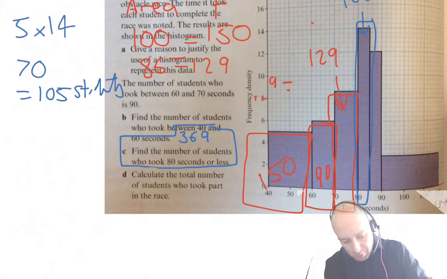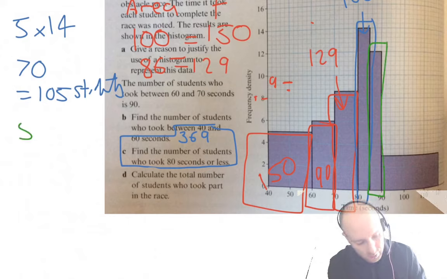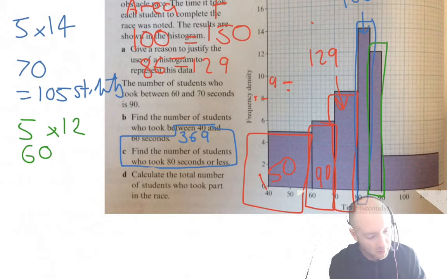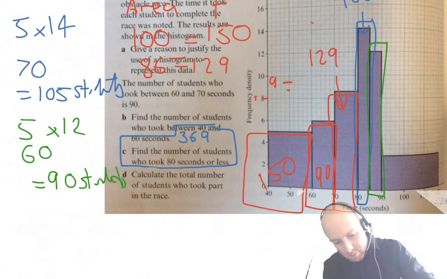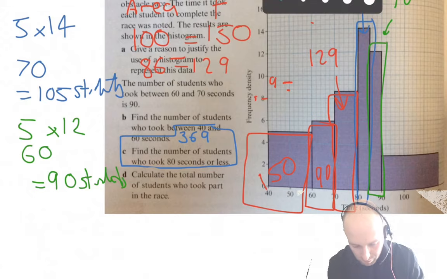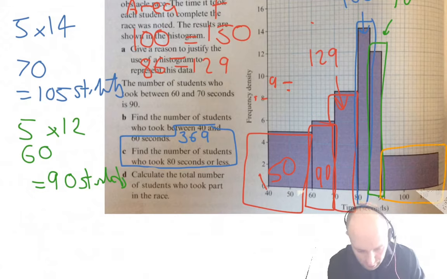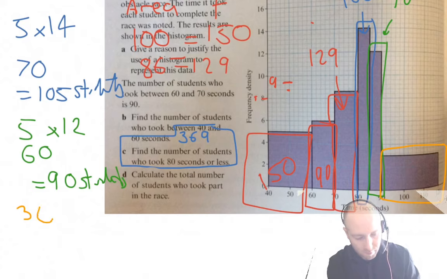Next bar, let's do in green. So we got a width of 5 again and a height of 12, which is going to give me 60, which is going to be 90 students. And the last bar has a width of 30 and a height of 3.